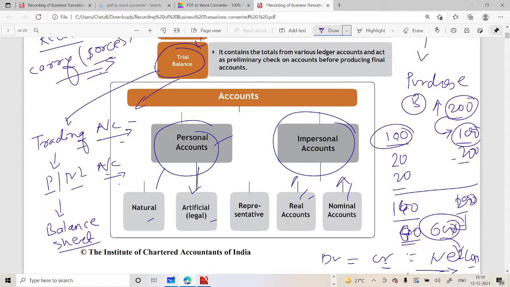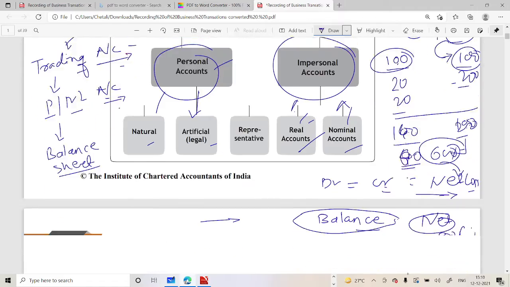And if someone asks about the main types, you can say personal and impersonal. But for us, these three are important: personal, real and nominal. Okay.